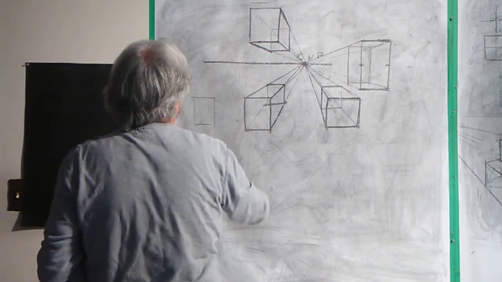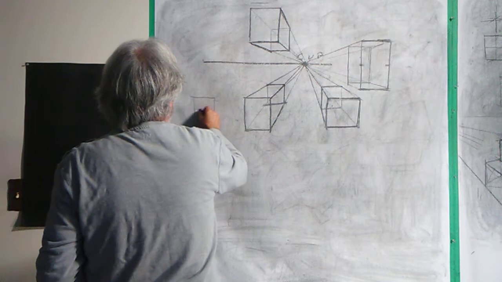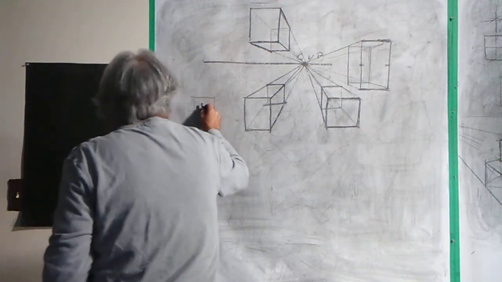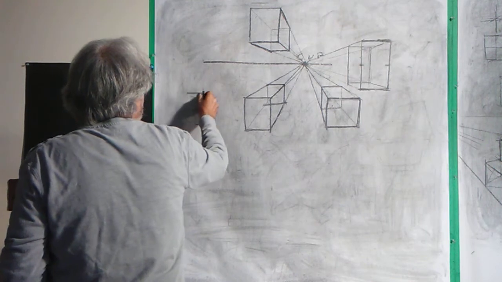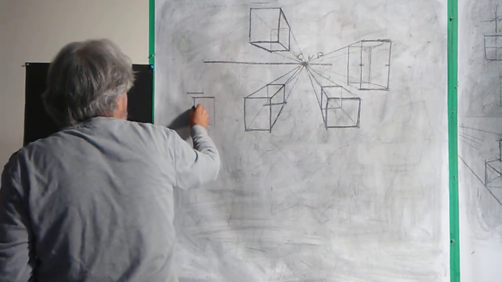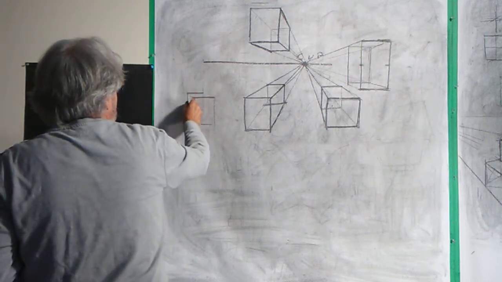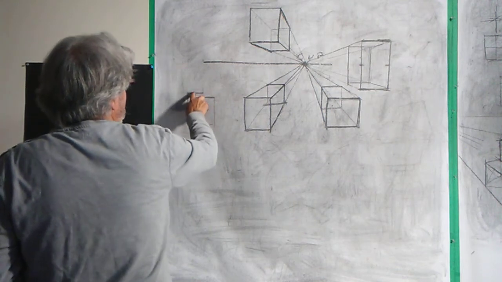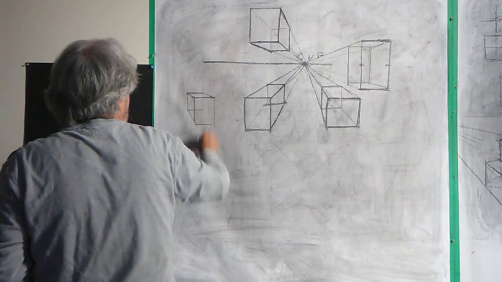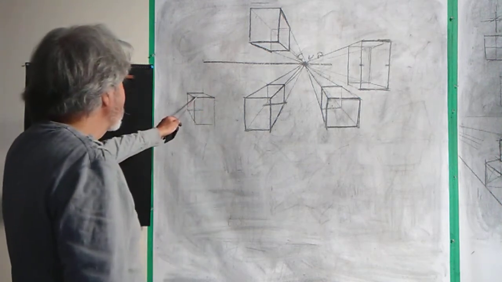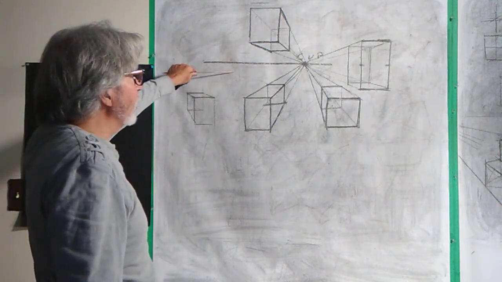If I make a box in 1 point, what if I overlap it here? If I only overlap it a little bit, like this, now, that distance I'm showing you, that distance here is saying it's closer to your eye level.